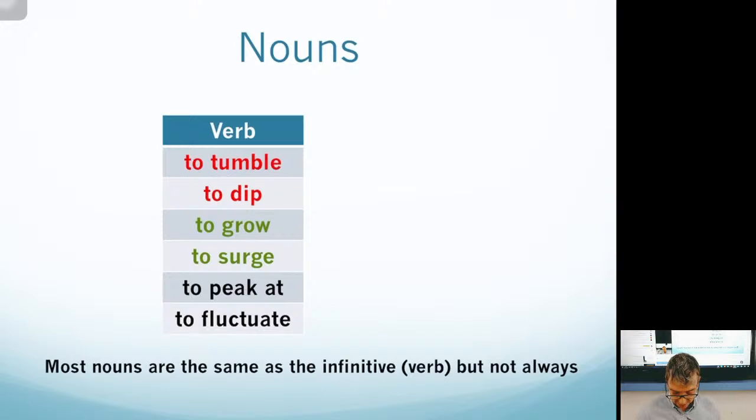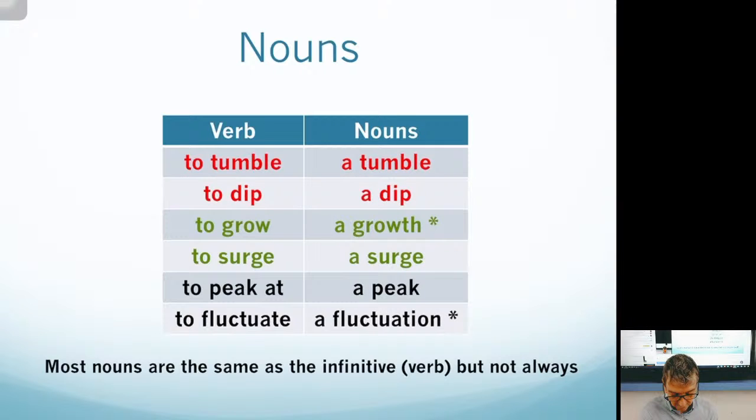Okay? So have a guess at what the nouns are. What do the nouns look like? For a lot of these cases, they are the same as the infinitive verb, but that's not always the case. So to tumble then, what would you say is the noun? Well, we have a tumble. So the only differences really are this one, to grow, becomes growth, and fluctuation.